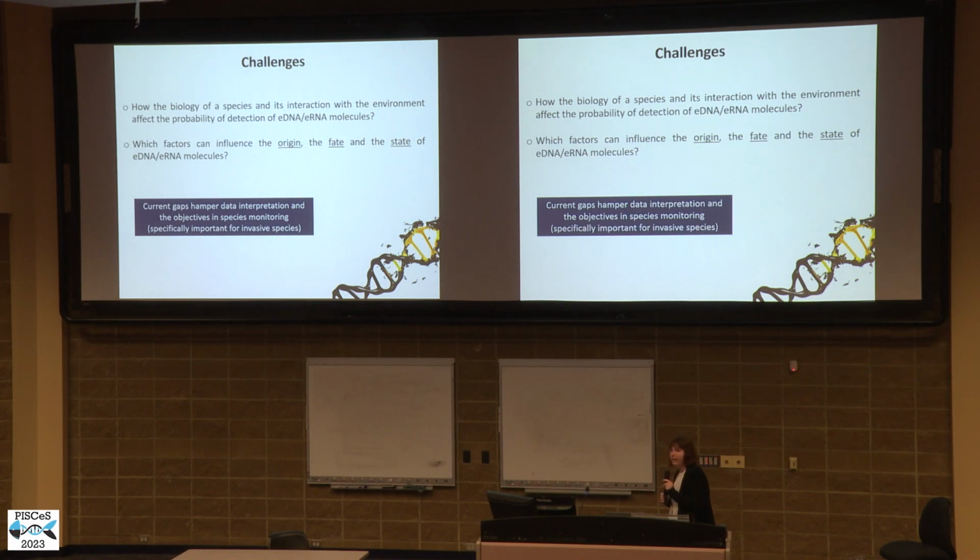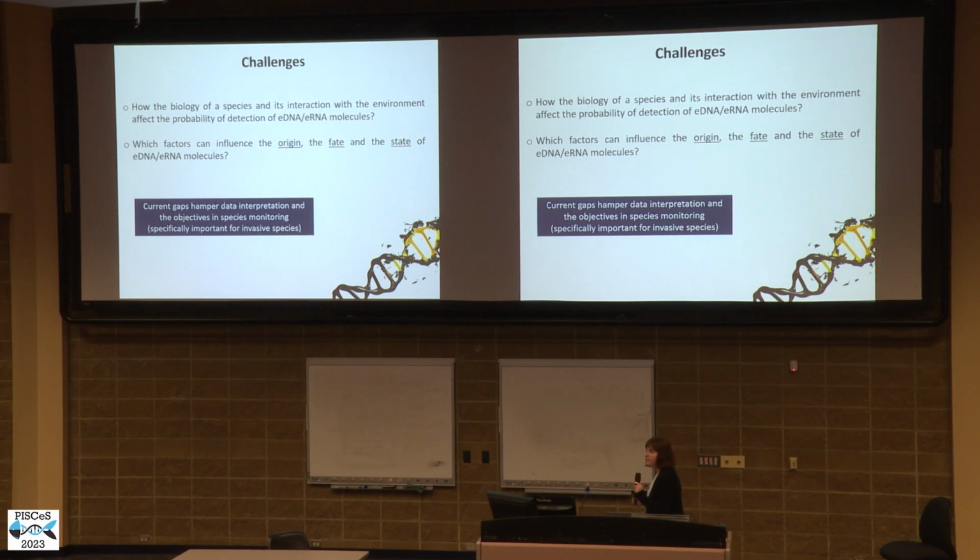When we began the project, we had two main challenges, which were to understand how the biology of a species and its interaction with the environment could affect the probability of detection of these molecules. And also we wanted to understand which factors could influence the origin, the fate and the state of eDNA and RNA.